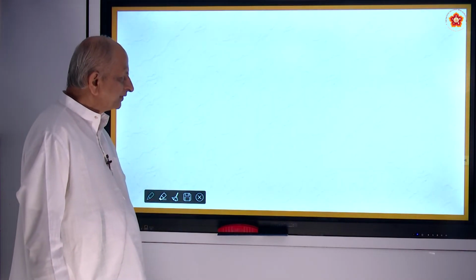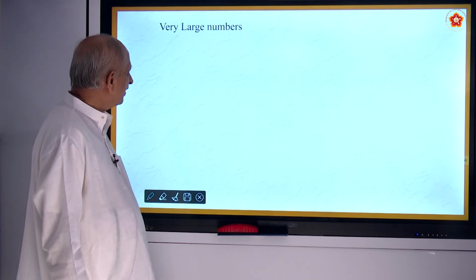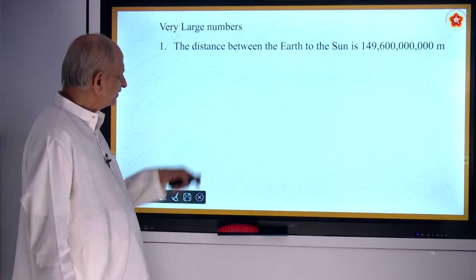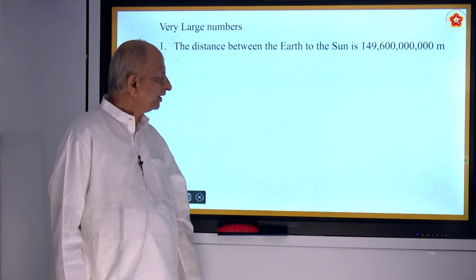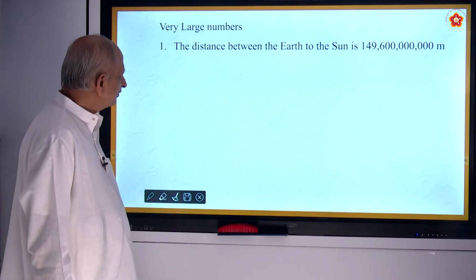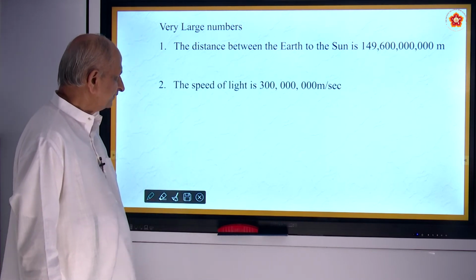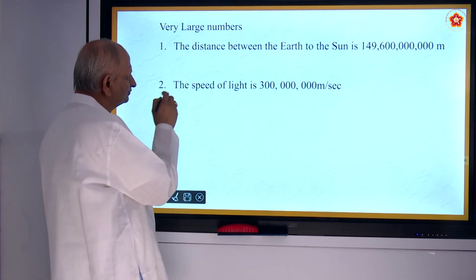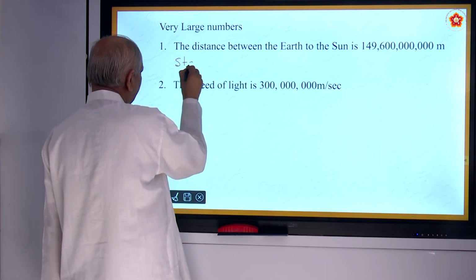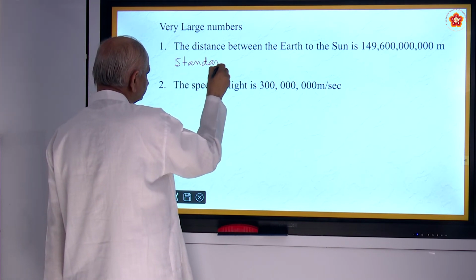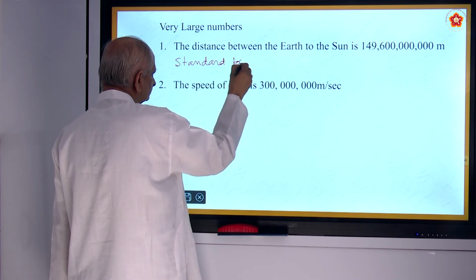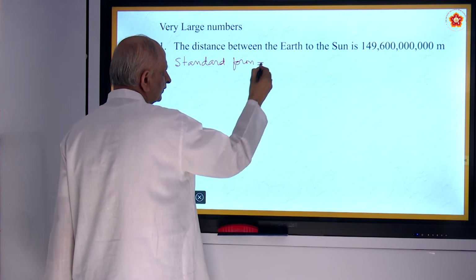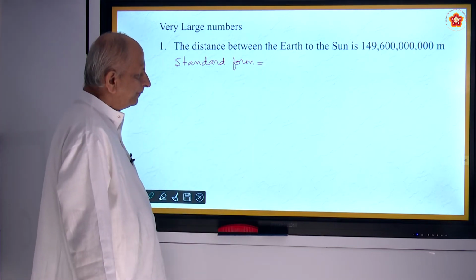And now let us try to put it in exponential form, since we come into large numbers. So this was the first photo we have seen of the earth and the sun. We have to put the distance in a standard form.